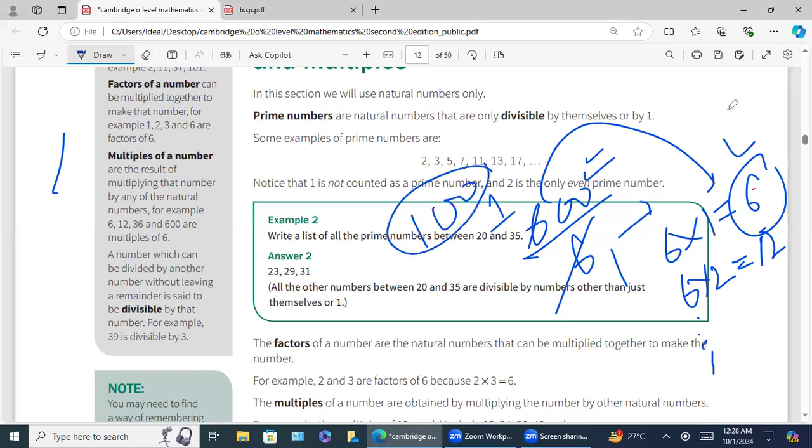So this is actually a multiple of 6. A number which is divided by another number, we can say that this number is a multiple of 6 or another number. It depends upon your choice. Is it okay? Move on.